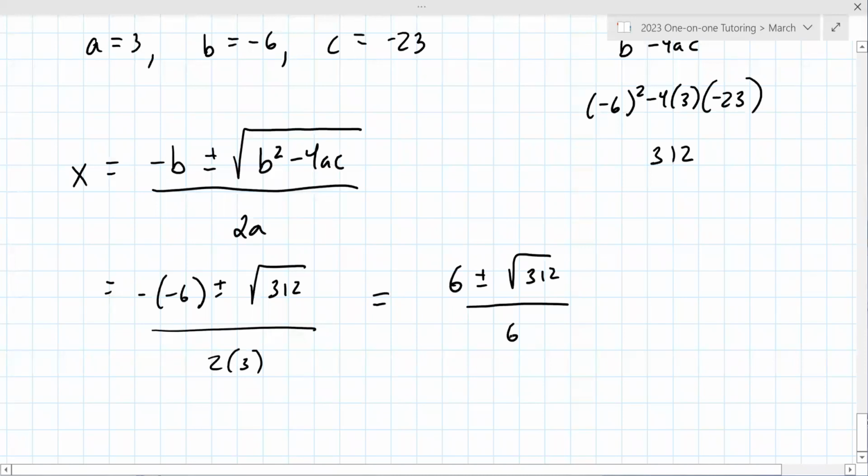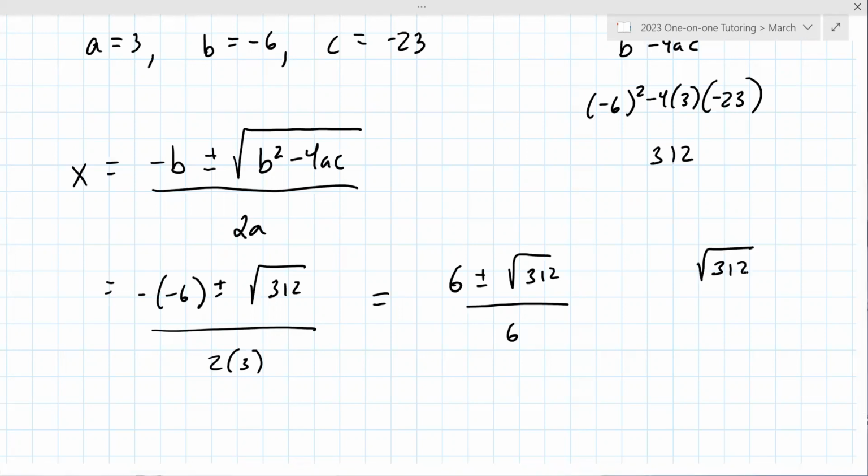We actually have no idea what it is. And this is where you have to reduce this as far as you can. All right, so I'd like you to give that a try. Just come off to the side here. What is the value of the square root of 312? All right.